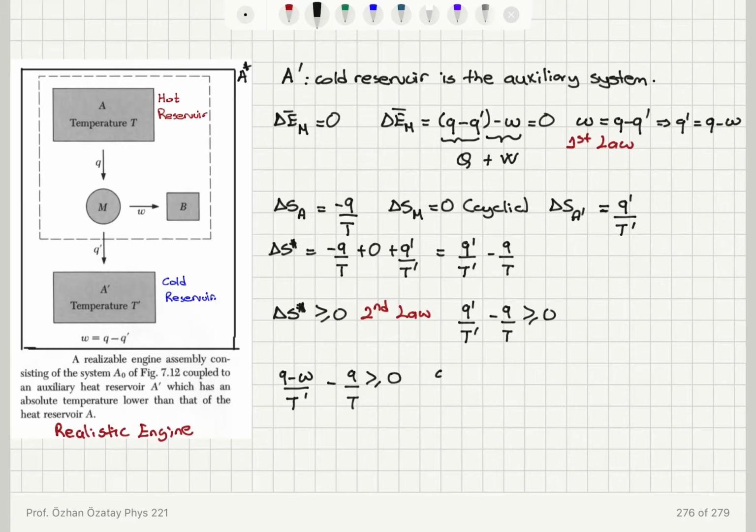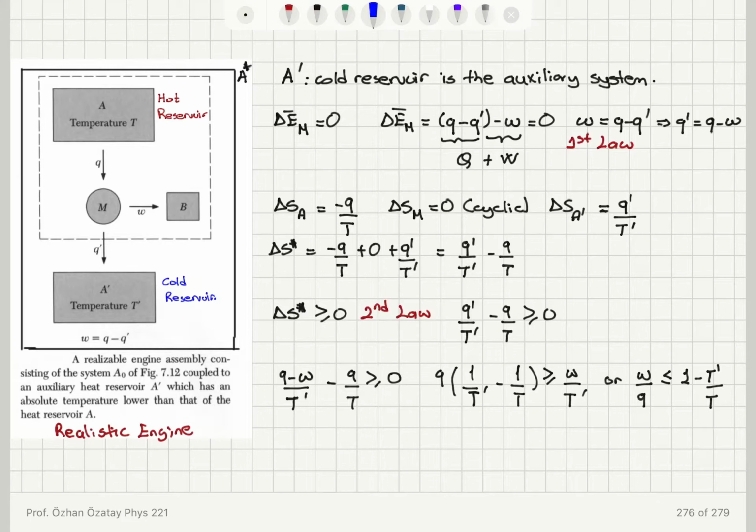In other words, in Q parentheses, 1 over T prime minus 1 over T should be greater or equal to W divided by T prime, or I can write this as the work output of the engine divided by the amount of heat absorbed from the hot reservoir should be less or equal to 1 minus T prime over T. So T prime is the temperature in the cold reservoir.